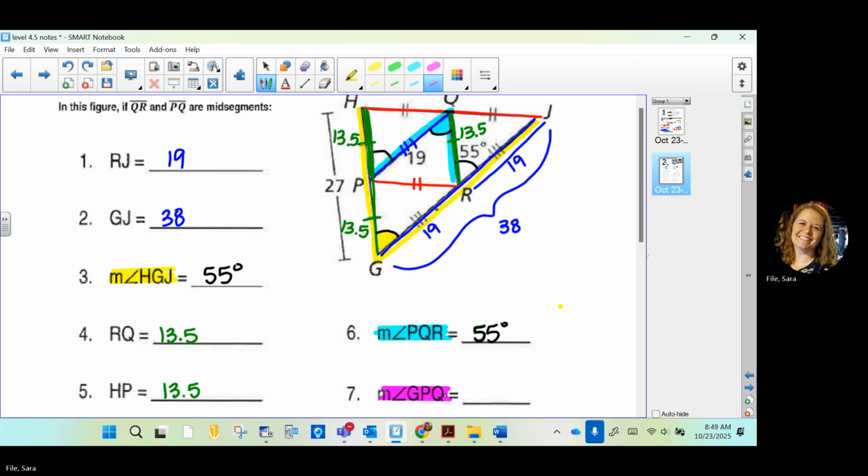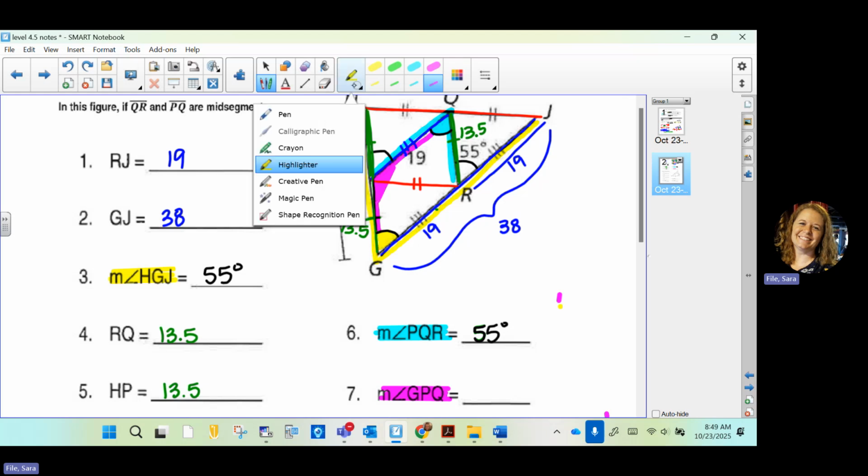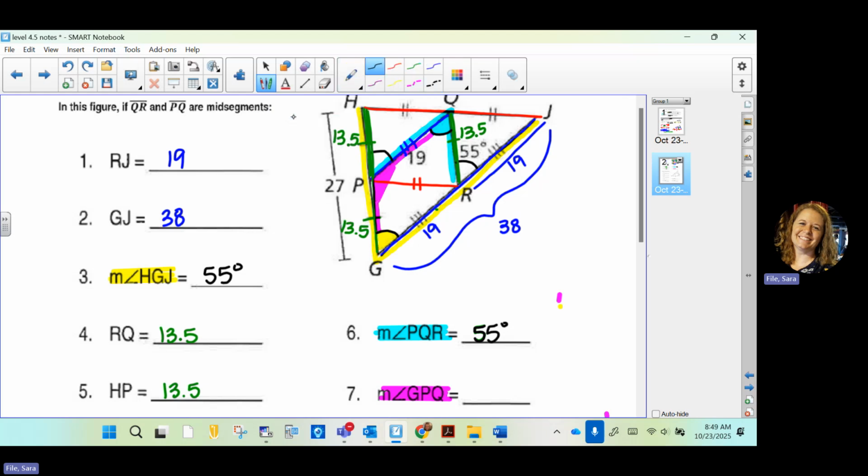GPQ. So from G to P to Q. That's this angle here. That one's not marked, but what is marked next to it? 55. So if this is 55, what should these add to? 180. So I'm going to do 180 minus 55 to see what's left for that pink angle.